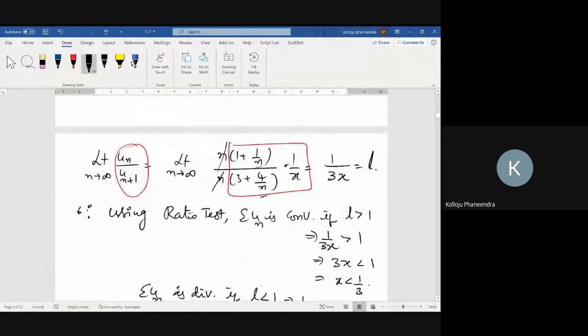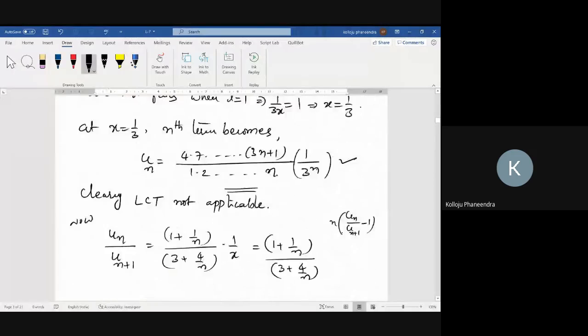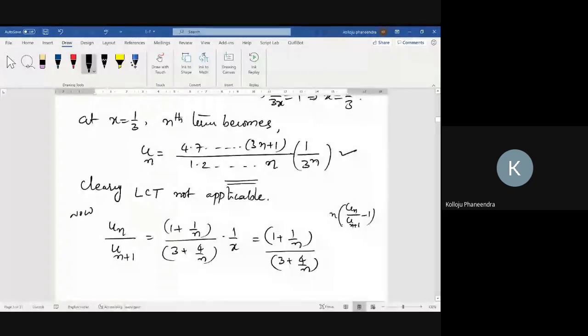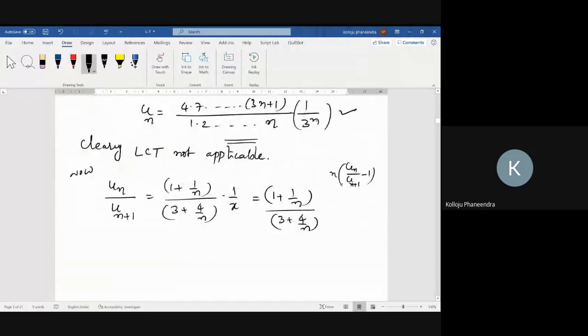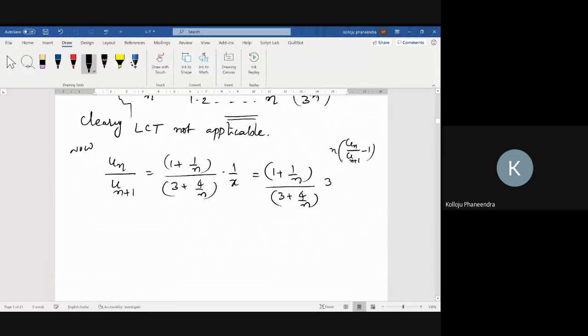This is 1 by x only, right? 1 by x equal to 1 by 3, so 1 by x equal to 3.